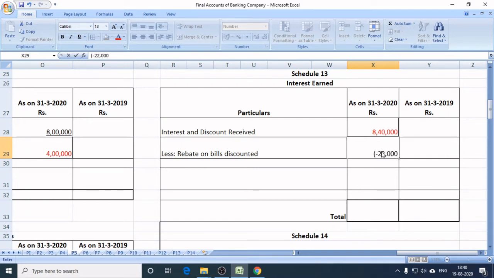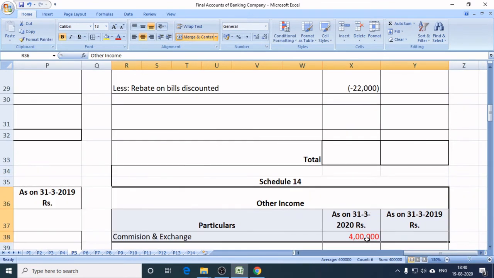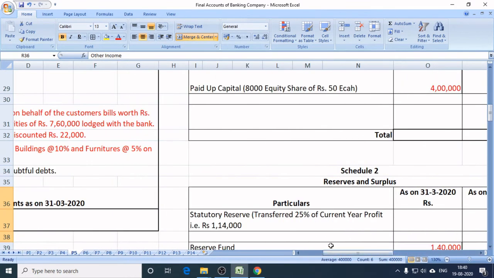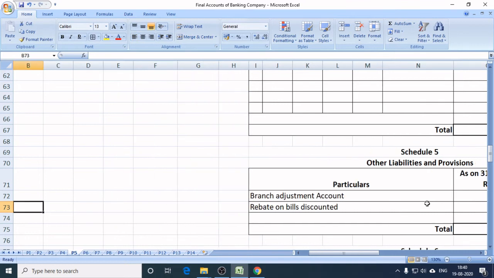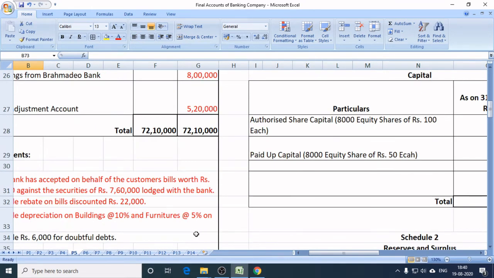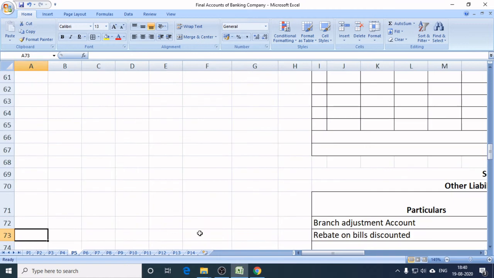Okay, then show it under schedule number 5, here other liabilities and provisions 22,000. Okay, now we are done with both effects.